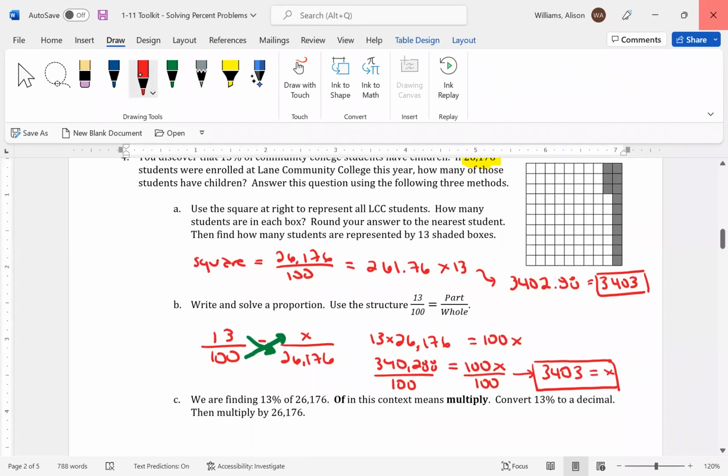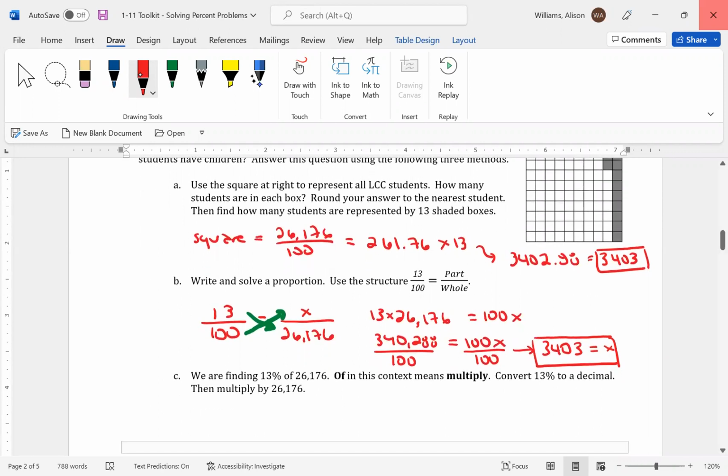And then the other way is to kind of create a multiplication. So if we are finding 13% of 26,176, of in this context means multiply, convert 13% to a decimal, and then multiply by 26,176.